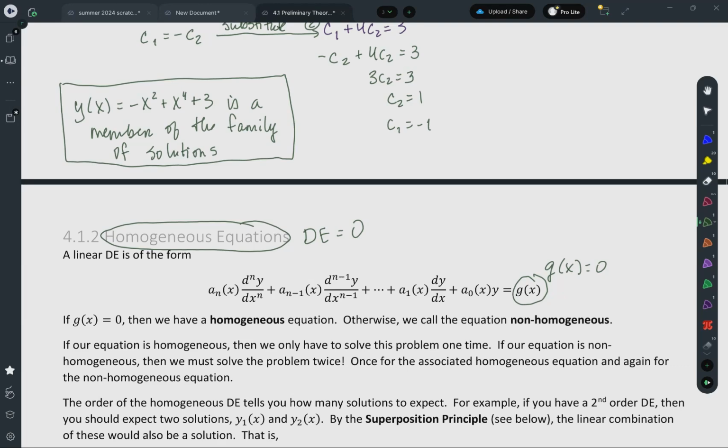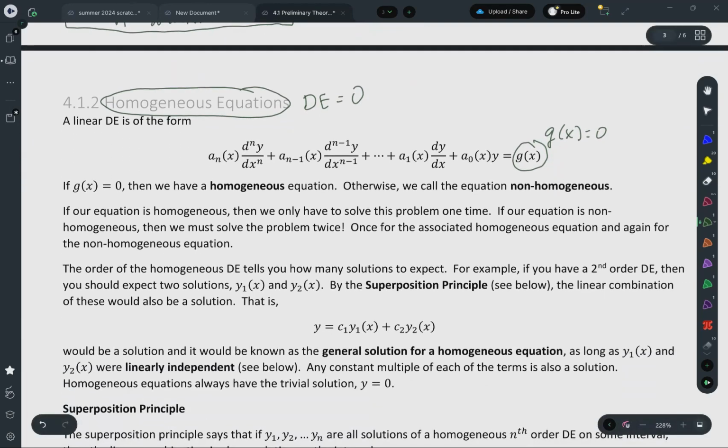Okay? If our equation is homogeneous, then we have to solve this problem just one time, and we get the solution that's associated with the homogeneous equation. If our equation is non-homogeneous, then we're going to have to solve it twice. Once for the associated homogeneous solution, and another time for the non-homogeneous equation.